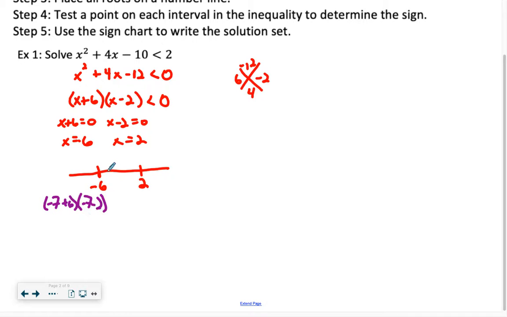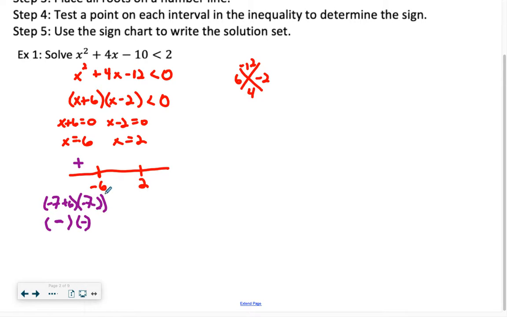So all I care about is the sign. All I care about is whether it's positive or negative. Negative 7 plus 6 is going to be negative. Negative 7 minus 2 is also going to be negative. So I have a negative times a negative. That's going to get me a positive value. So I'm just going to put a plus sign here.